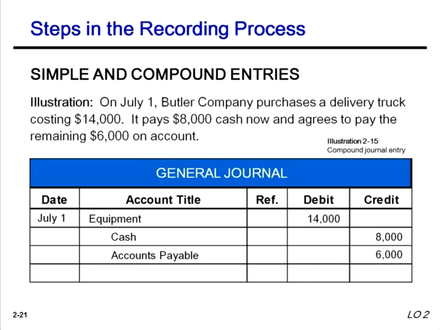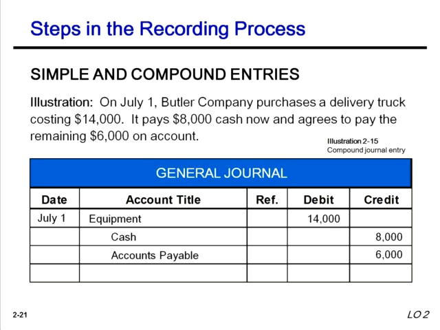On July 1st, this is what is known as a compound entry. The reason it's called a compound entry is that in this case we have two accounts that are credited. So on July 1st, Butler Company purchases a delivery truck costing $14,000.